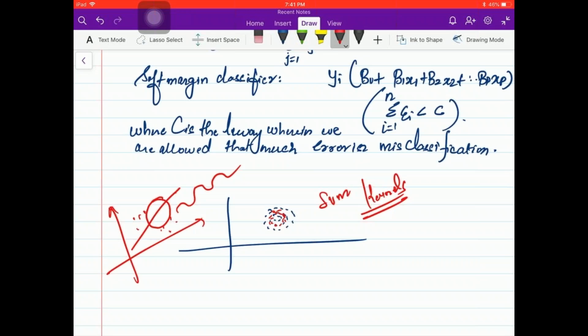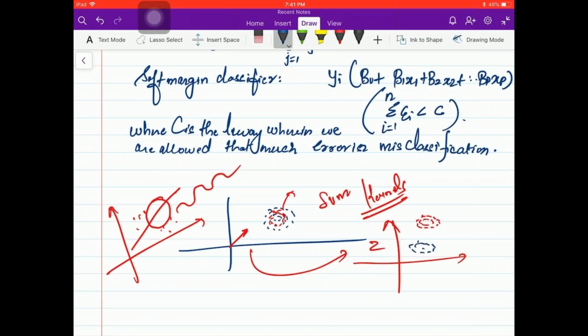In two dimensions, the data looks circular, but if you add another dimension, in 3D, it may be that the red points are here and the blue points are here, with z as the new axis.